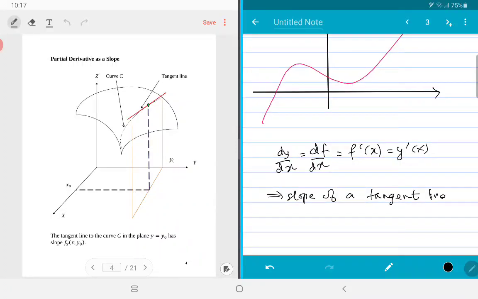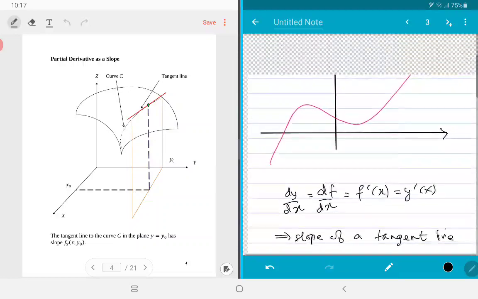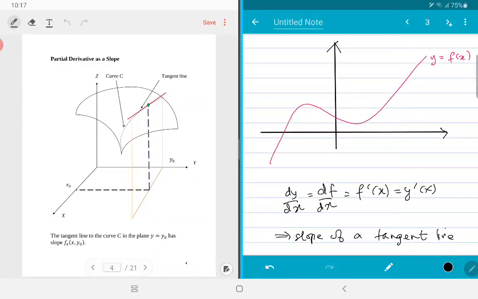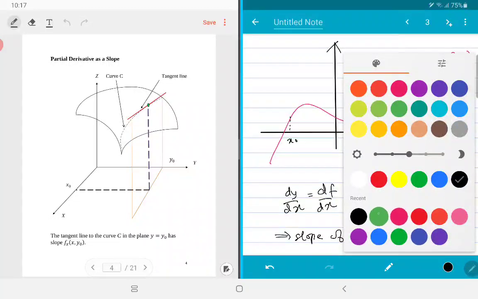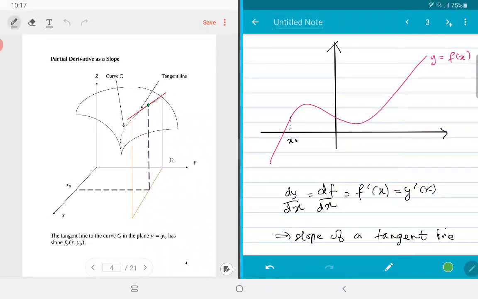For example, say this is x naught, then this line here is the tangent line of the curve at that point. So that would be f prime at x naught.